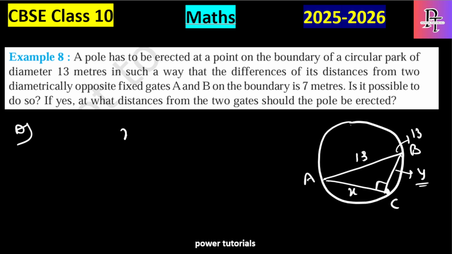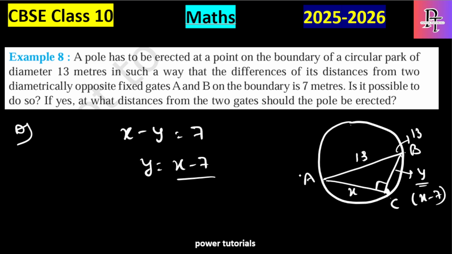They are saying that x minus y is equal to 7. So from A let's suppose it is x, then from B suppose it is y, then x minus y is equal to 7. So now we can write the y value, which is nothing but x minus 7. So we got y in terms of x, which is x minus 7.